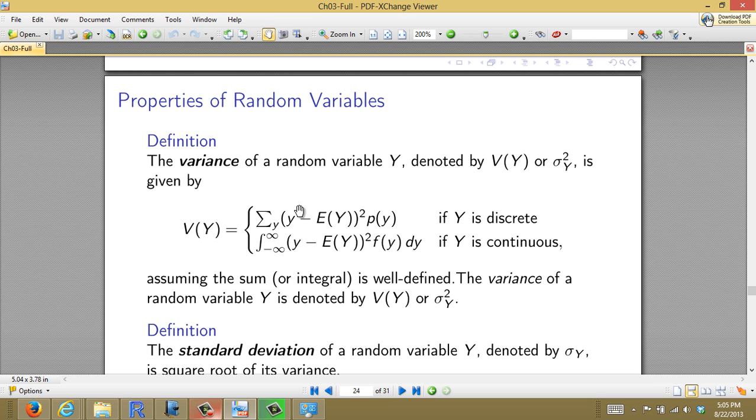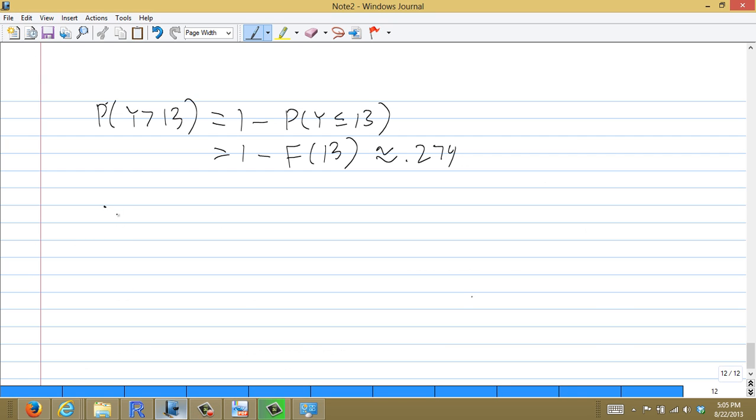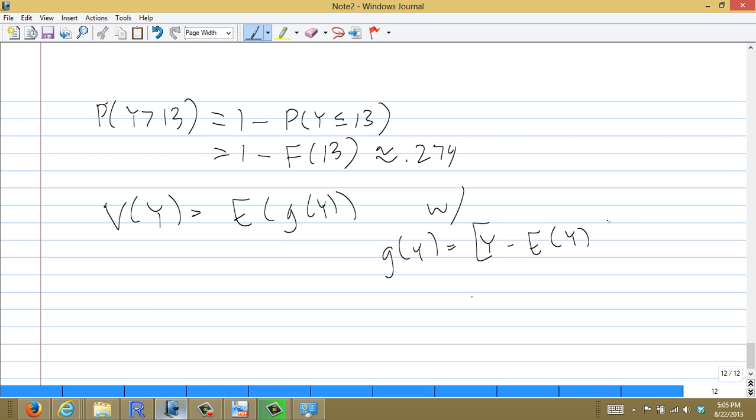So in this case, our function g(y) for the variance is g(y) equals (y minus the expected value of y) squared. So the variance is really just a special case of the expected value when the function g is equal to (y minus the expected value of y) squared.